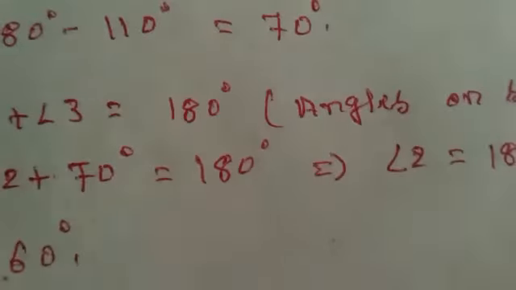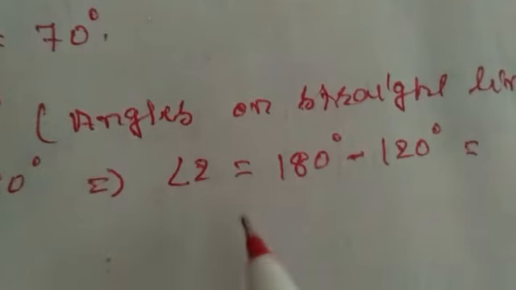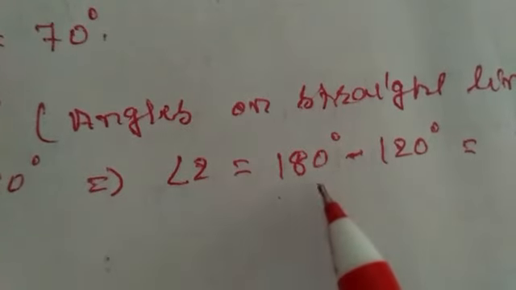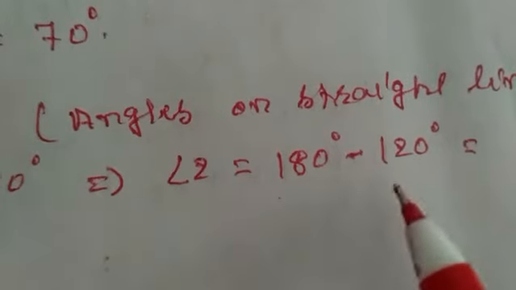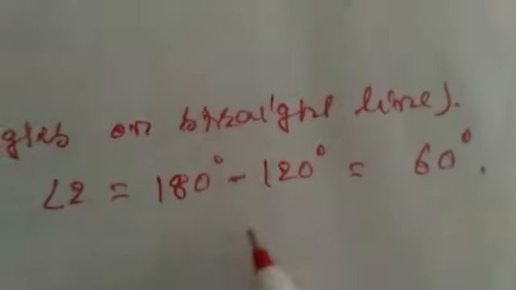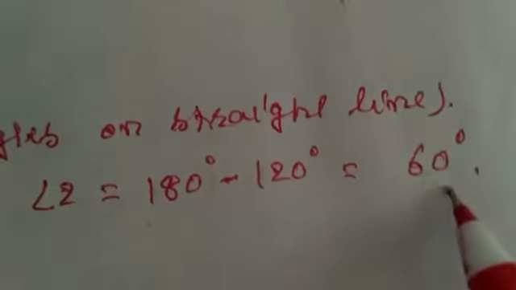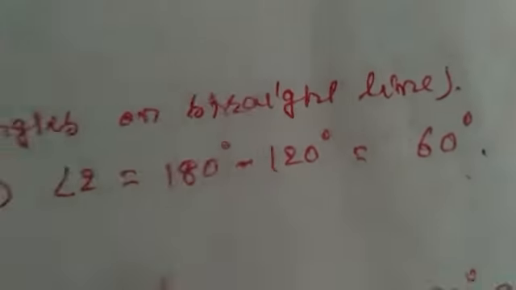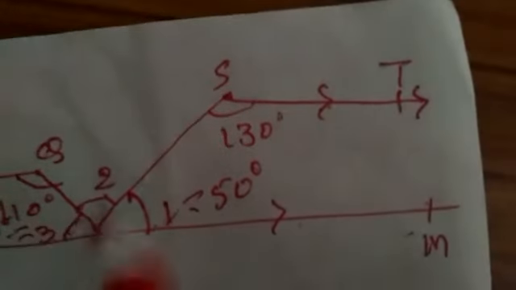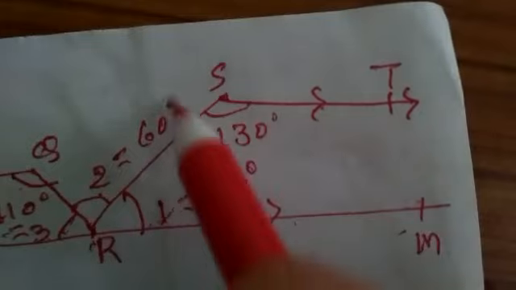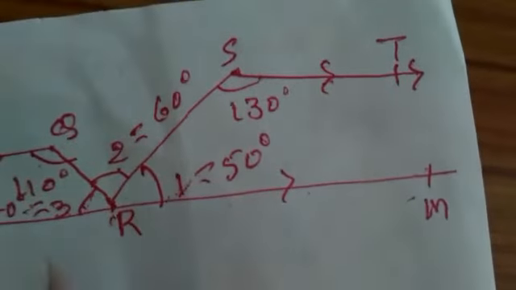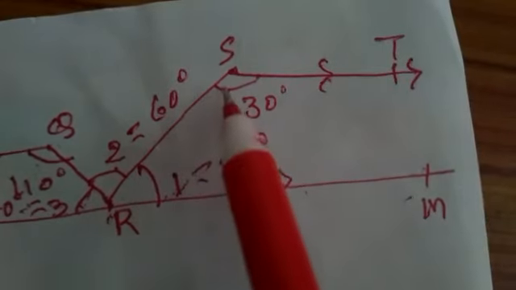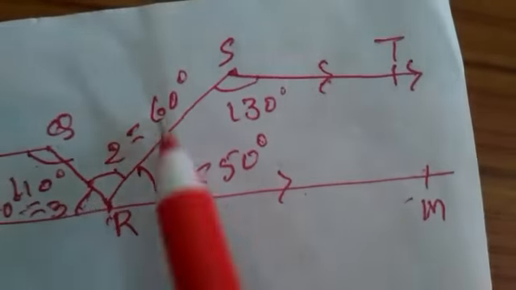Further on solving it, angle 2 is equal to 180 degrees minus 120 degrees, which gives angle 2 equal to 60 degrees. Hence our required solution, angle QRS, is 60 degrees. Hence we got the required angle.